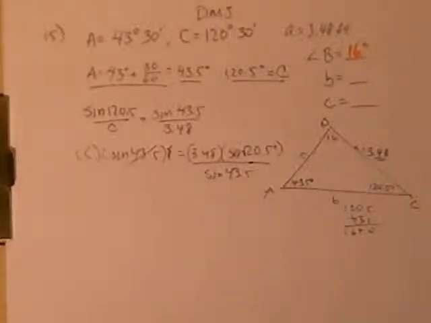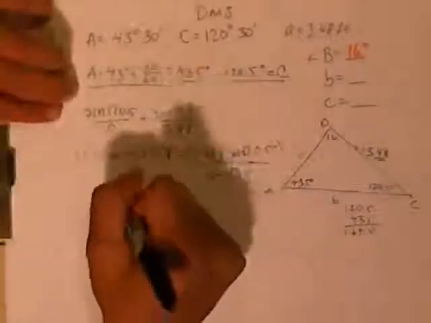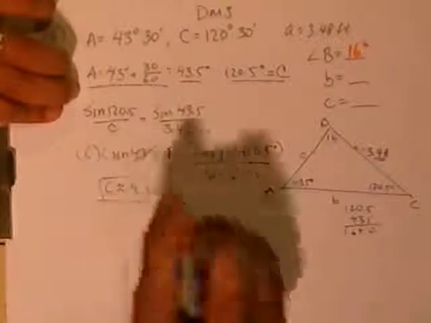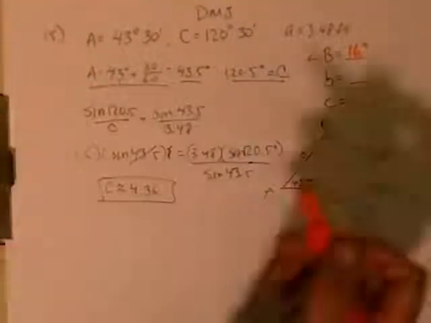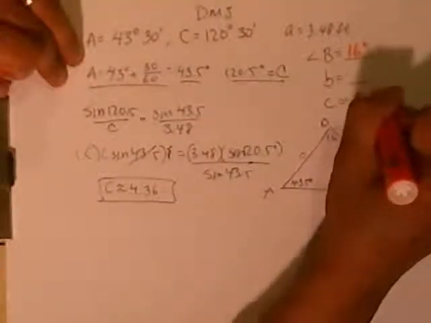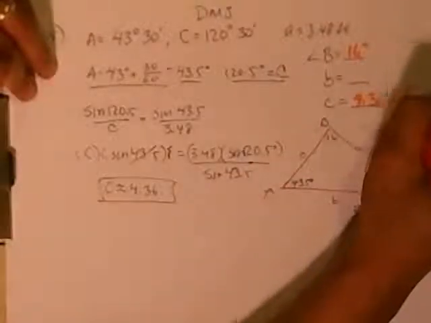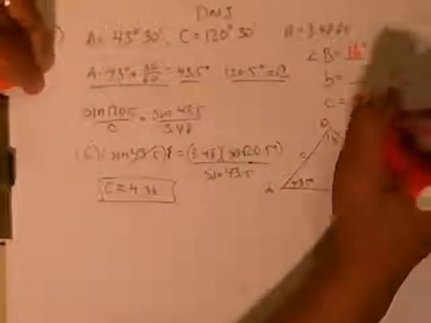Looking at using a calculator, 3.48 times the sine of 120.5 in parentheses divided by the sine of 43.5. We should get approximately 4.36. So little c right over here is 4.36. What are the units on this? Number 15 is going to be in feet. Everything's going to be in feet.